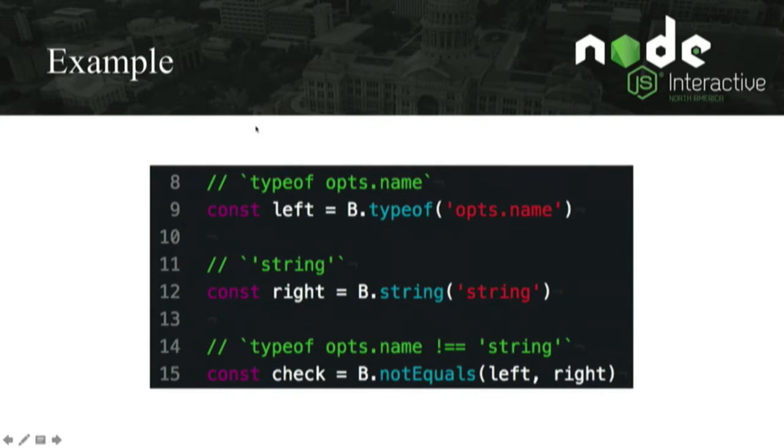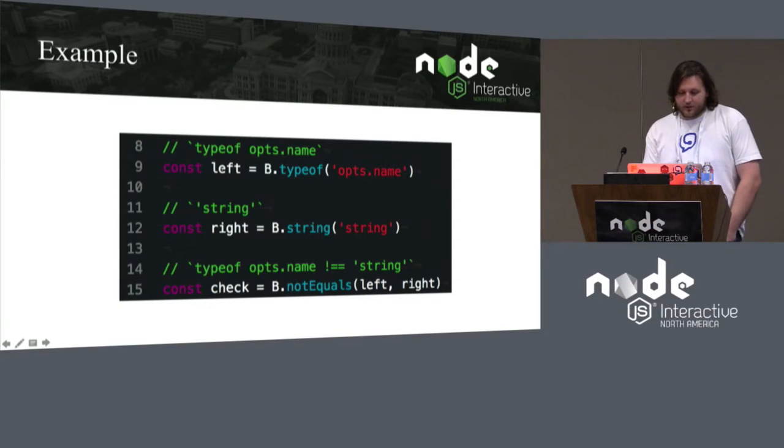Then say we want to check typeof ops.name does not equal string. We can do b.typeof, and that will create the object necessary for a unary expression for typeof, and then we can do b.string, which will create a string literal, and pass both of those as the left and right to not equals.